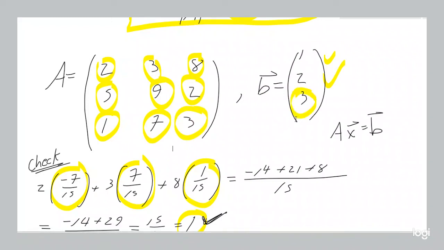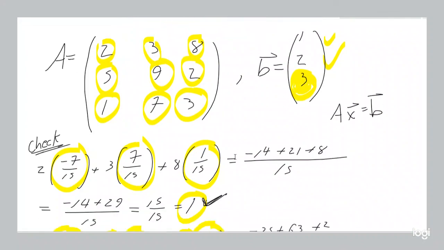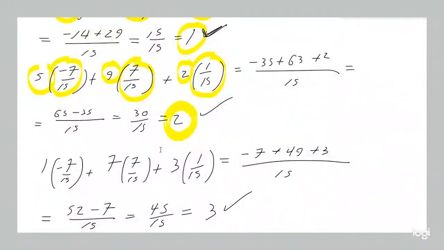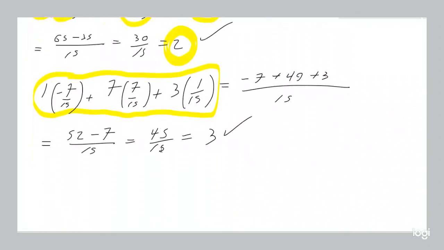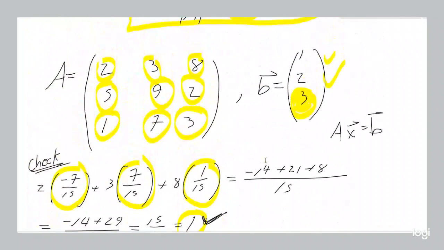That should give us the third component of B, which is a 3. So let's try that. 1 times negative 7 out of 15 plus 7 times positive 7 out of 15 plus 3 times 1 out of 15, and that gives us a 3, just as expected.